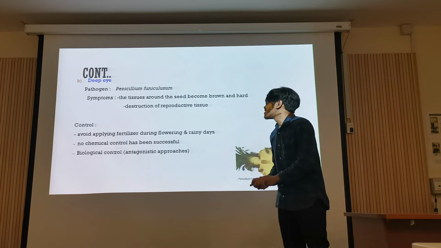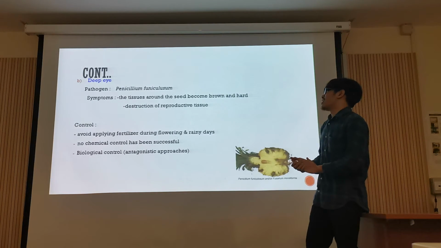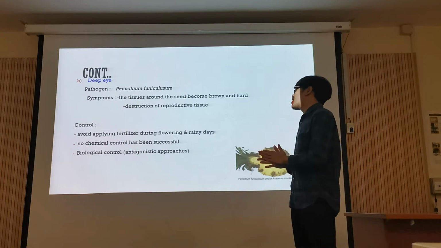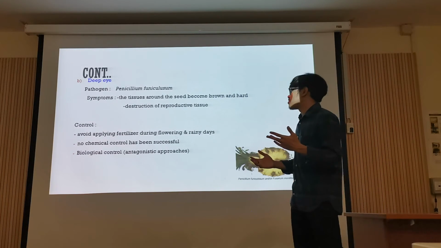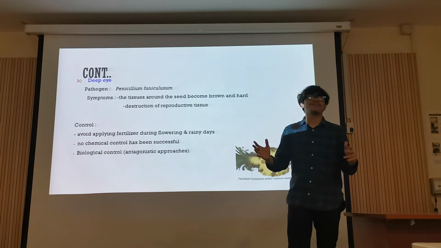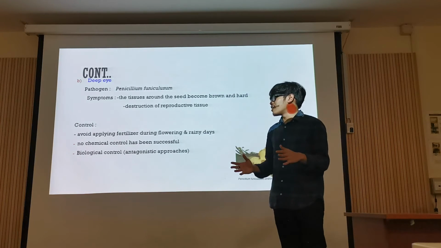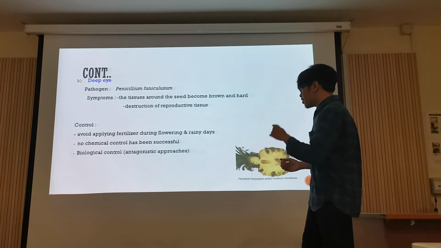Okay, next is deep eye. The symptom of deep eye is that the tissue around the seed becomes brown and hard, and this will disrupt the reproductive tissue. And how to control the deep eye?